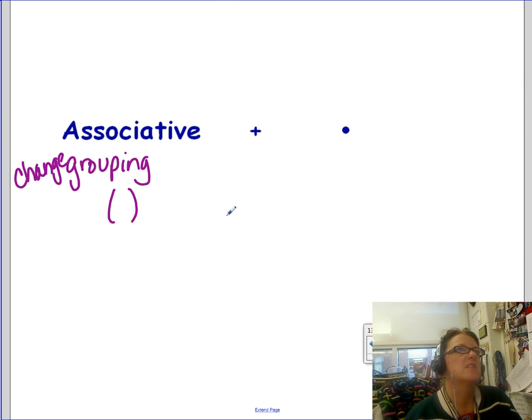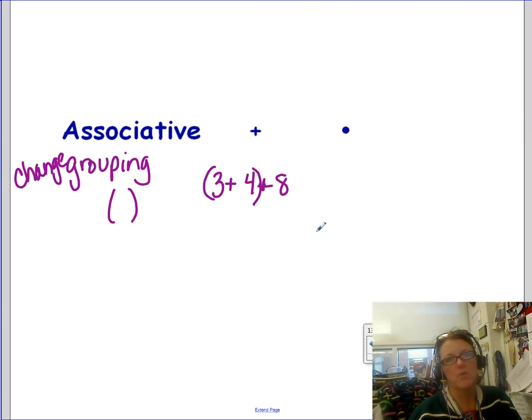Let's think about 3 numbers this time that we're going to add together, like 3 and 4 and 8. I'm going to group the 3 and the 4 together first. Order of operations says parentheses first. So this would be 7 plus 8, which is 15.